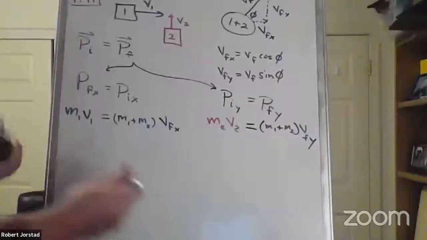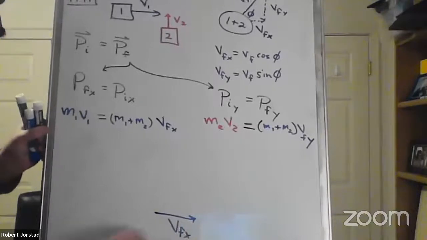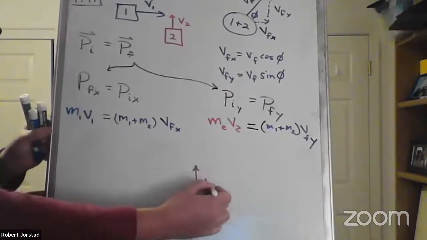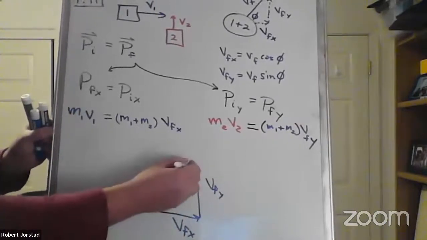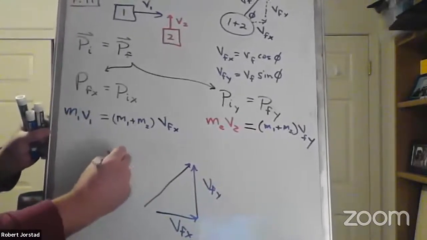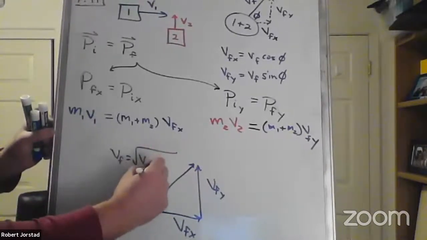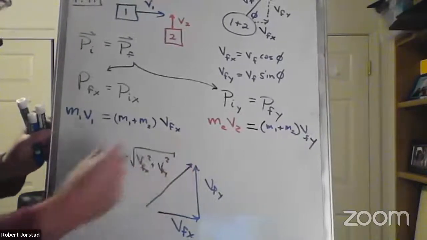At the end, what could we do? We could draw a picture. This is V final X. I know it goes this much. We know V final Y is going to be slightly larger, but not much. V final should equal the square root of, right?